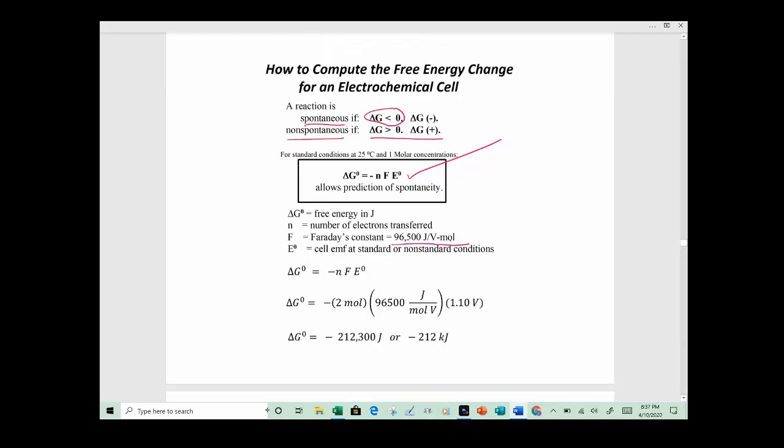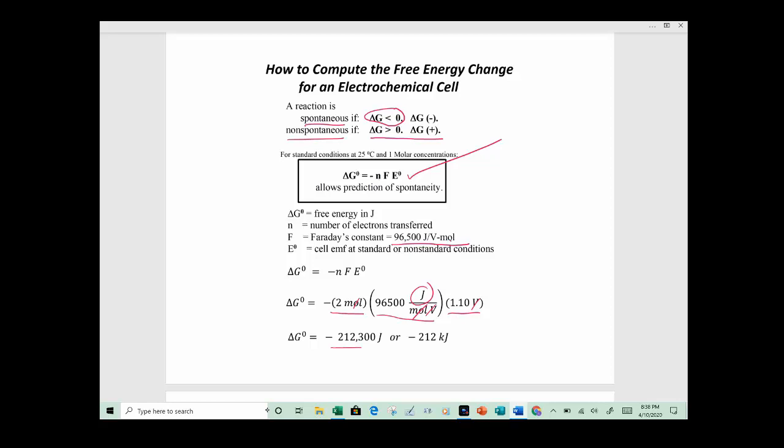For our copper zinc reaction, remember we measured the cell potential to be 1.1 volts, and we had 2 moles of electrons being transferred, 2 moles of electrons gained, 2 lost, so minus 2 for n. There's our Faraday's constant. Notice that the moles cancel, and that the volts cancel. We're left with joules.